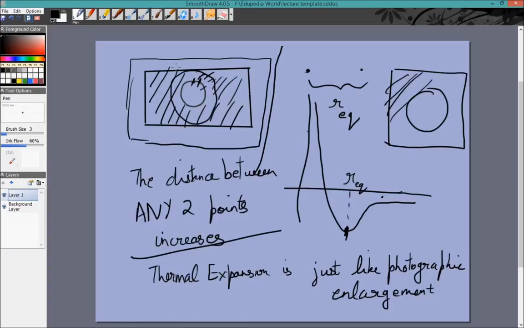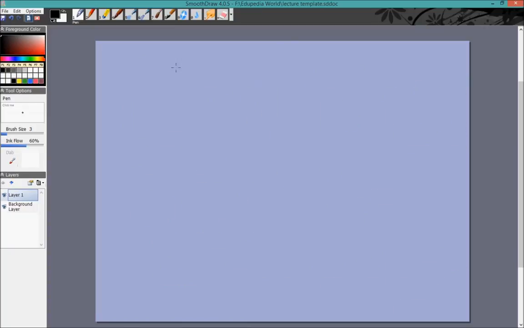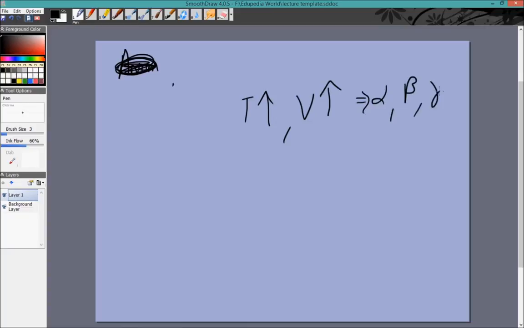Right. So yeah, one last thing is remaining in thermal expansion, that is the anomalous expansion of water. So what that says basically is that we know as we heat water, just like any natural object, as the temperature increases, the volume increases. This implies that alpha, beta and gamma are positive, right?